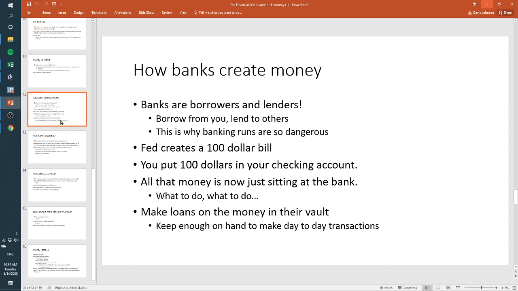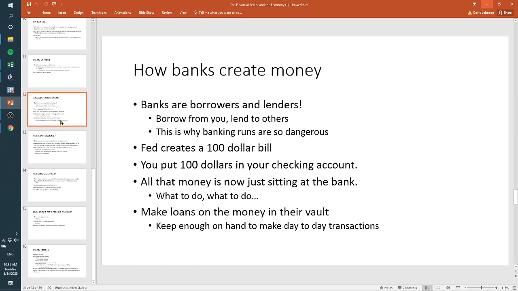Banks create money using something called the fractional reserve system. What that entails is that when you deposit some money in the bank, it doesn't actually have to keep all of it on hand. They can just keep a portion of it on hand for day-to-day operations and to satisfy individual demand for money. Like, say someone wants to have some cash, they can just go to the bank and draw it out.